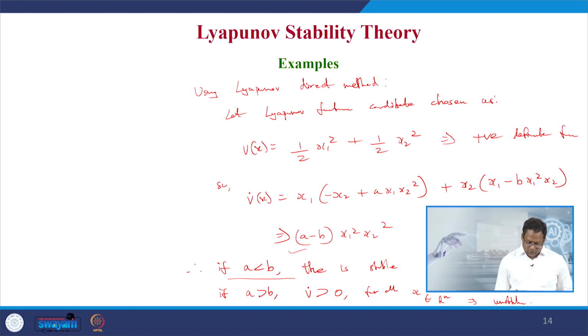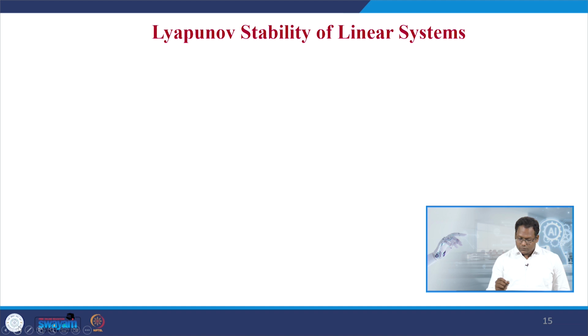Now, let us see Lyapunov stability analysis of linear systems. Now, consider a linear system of the form x dot equal to Ax.